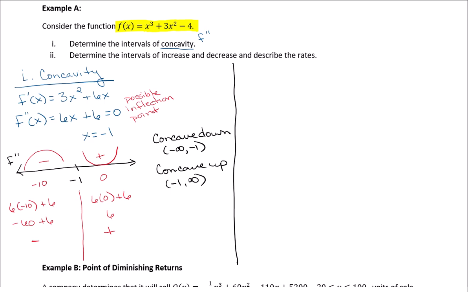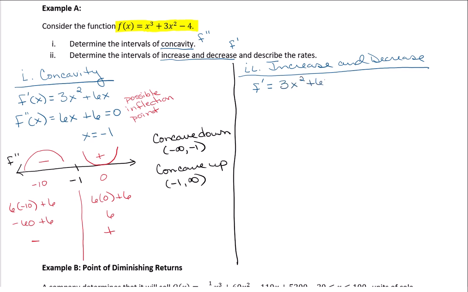In part 2, they're asking us to find the intervals of increase and decrease and describe the rates. So remember, for intervals of increase and decrease, we need to find the first derivative, which we already found earlier, the 3x squared plus 6x, but we set that equal to 0 to find our critical values.